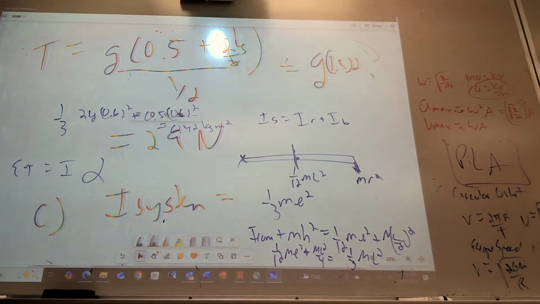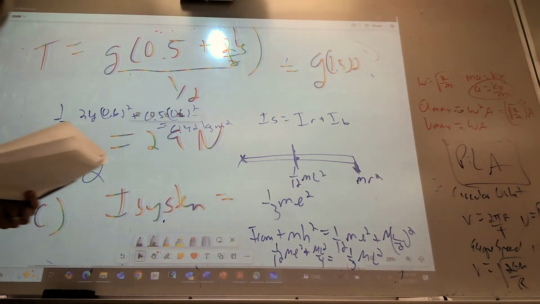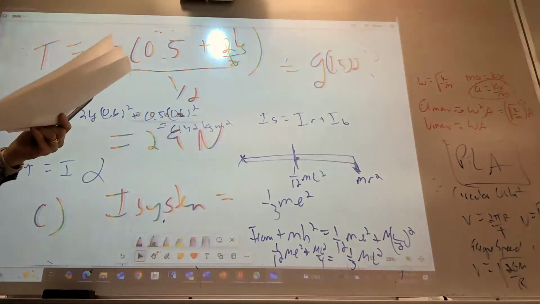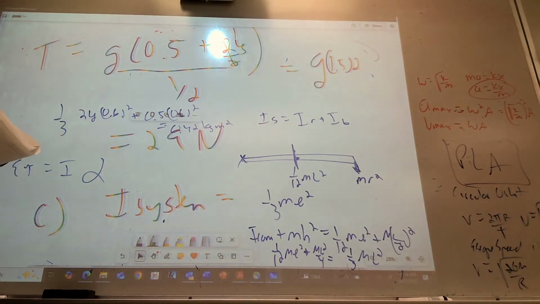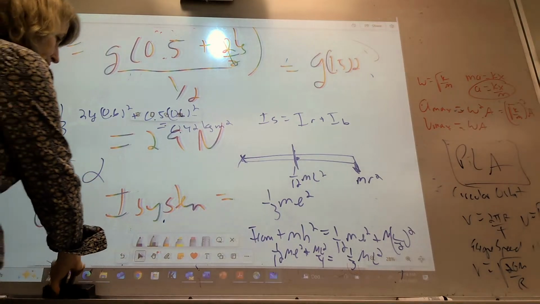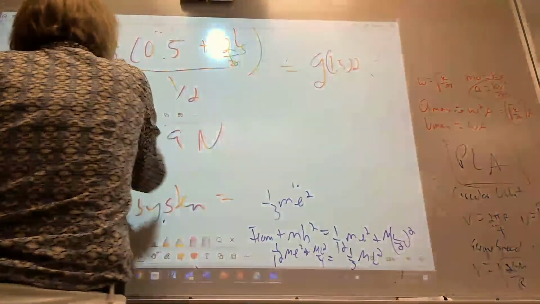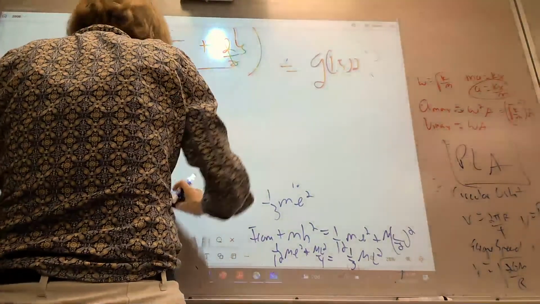Once it's cut, we no longer have tension. We're looking for alpha. We have two forces acting on it, the weight of the rod and the weight of the block. So see if you can write your torque equation now. You have two torques acting, and those are the only torques acting.